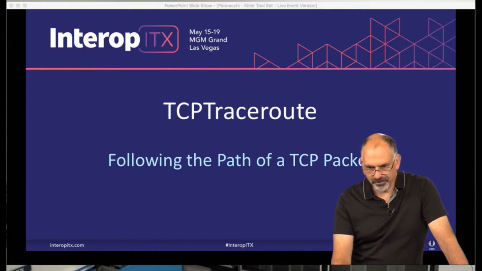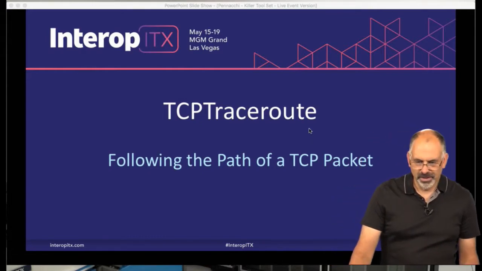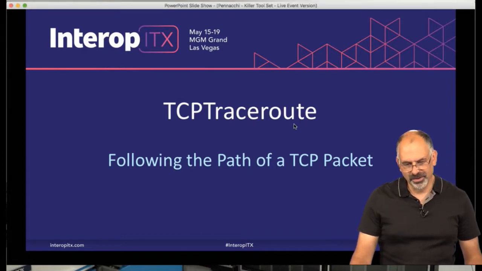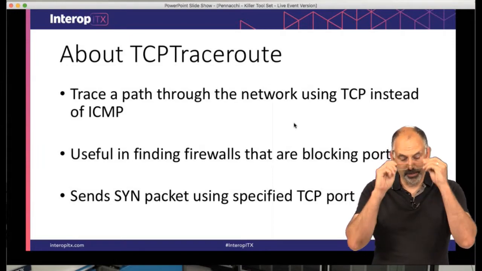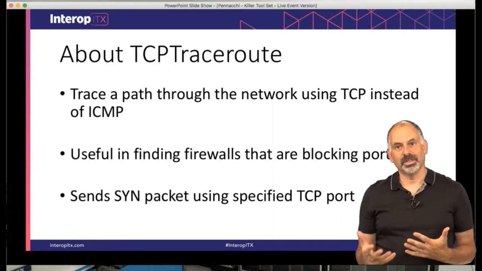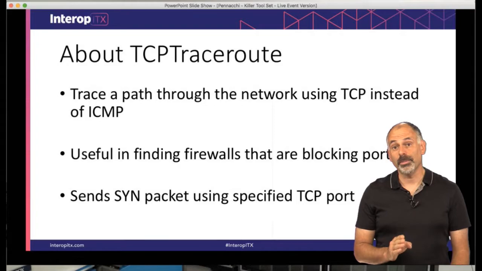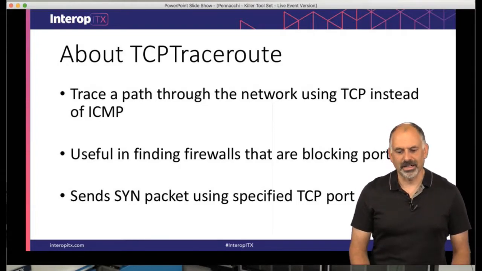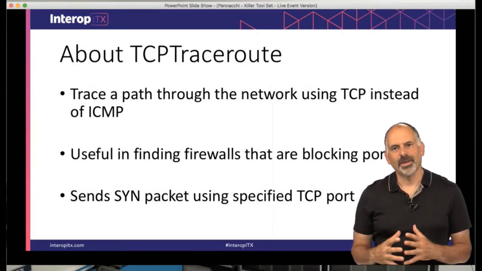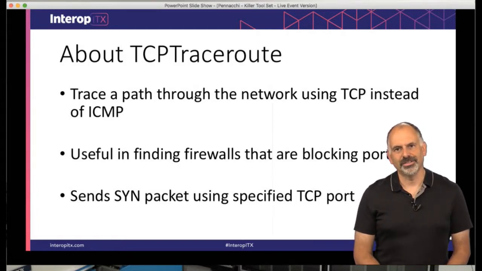We'll do that. All right. So what does TCP traceroute do for us? Well, TCP traceroute allows us to do a path analysis. We can take a look at what our layer 3 path is for the path of a TCP frame, and it allows us to specify the port number for that TCP frame.